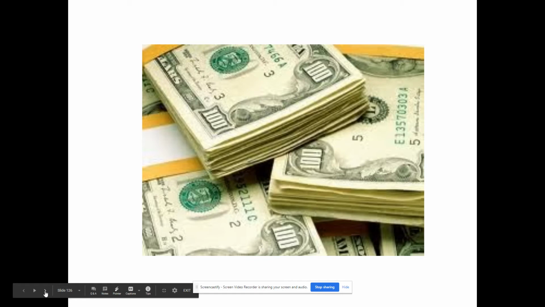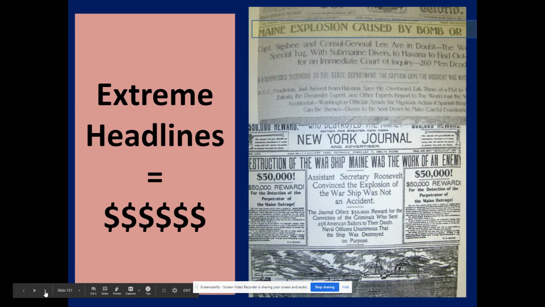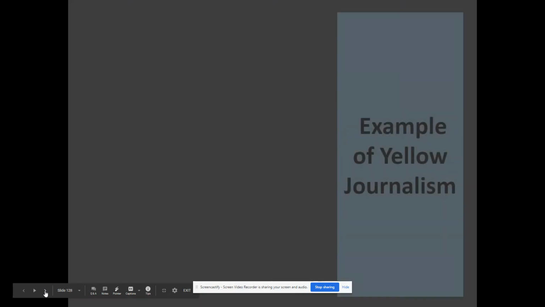And if you're walking by a newspaper and it has a flashy headline, the Spanish are trying to kill us, you'll probably buy it. And these newspapers were competing to try to make money to survive. And they were no longer caring as much about the truth as flashy headlines and exaggerating stories. So that type of yellow journalism is going to make the American people want war, to blame Spain.